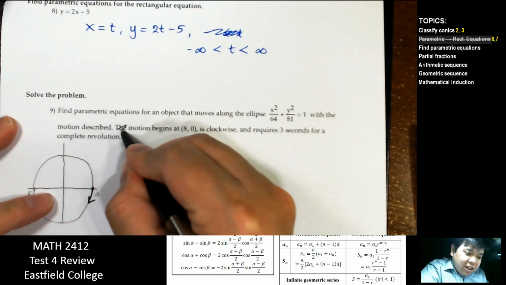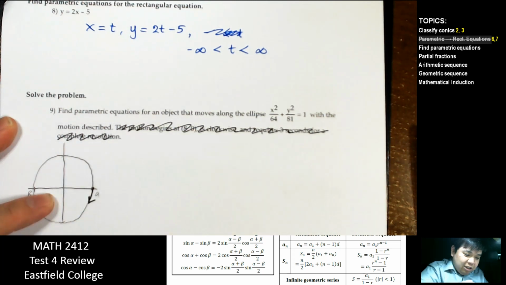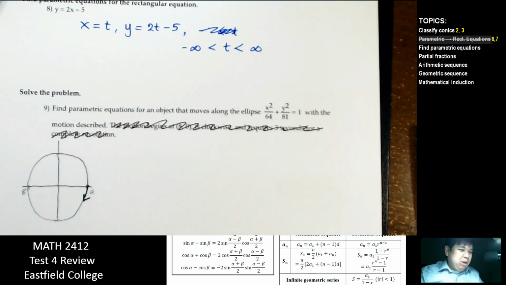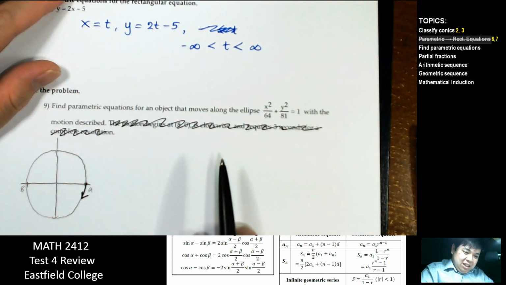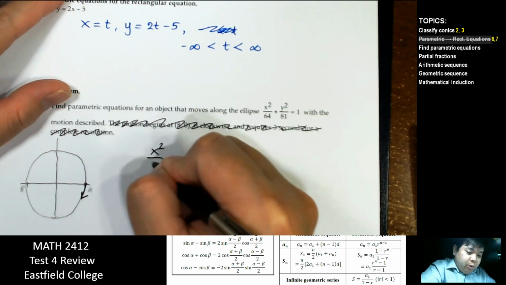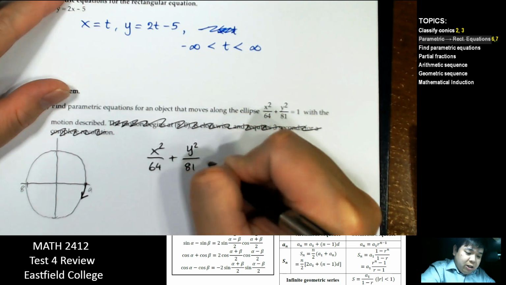Actually, let's ignore this condition. Just assume that somehow we get the ellipse. That would be fine. It will get very complicated later. So for now, we have x squared over 64 plus y squared over 81 equal to 1.